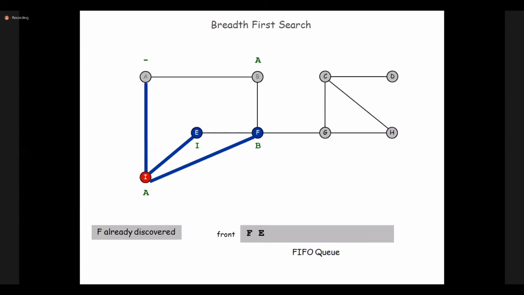After that, next I am deleting F. For F: G and B. B, E and I are all visited. Only G is not visited. I am placing G on the queue.